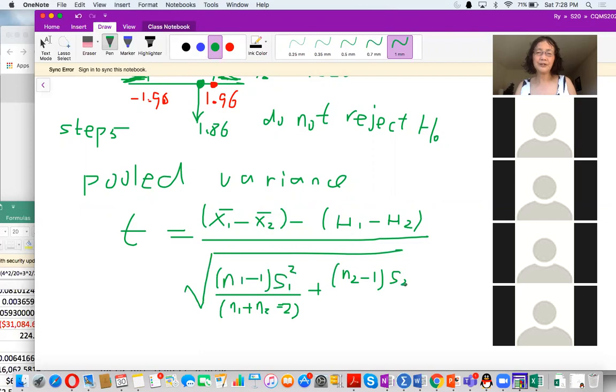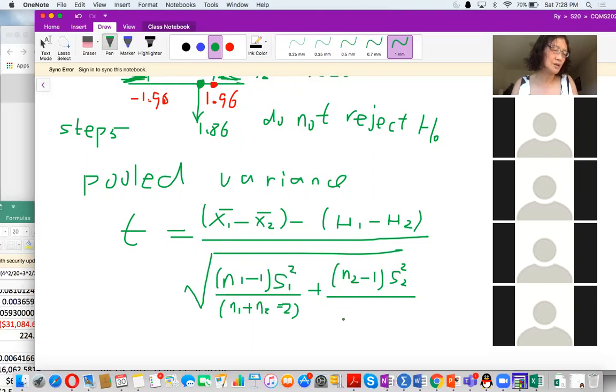Sample 2 standard deviation squared, divided by N1 plus N2 minus 2, degree of freedom.